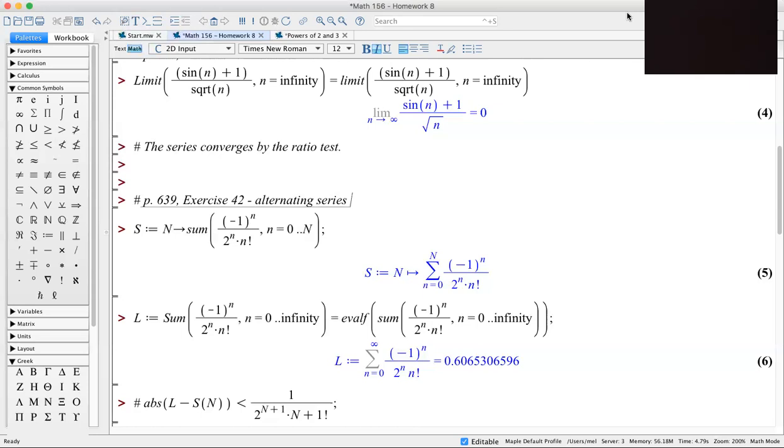So in this problem, we're looking at the series minus 1 to the n over 2 to the n times n factorial. What is the limit? What is the sum of the series? Well, Maple does it. It gives you the answer, 0.606 and so forth.